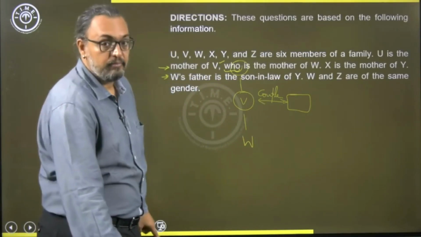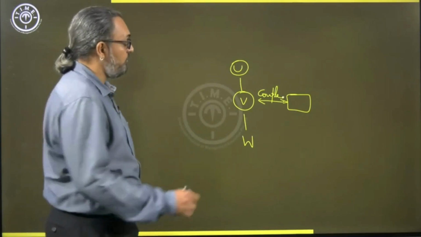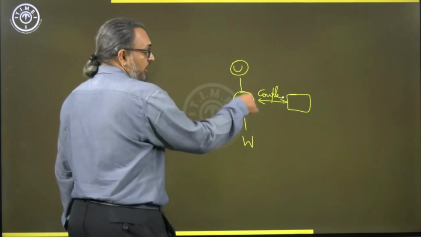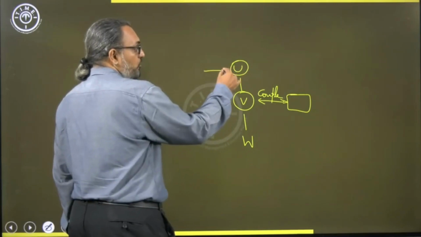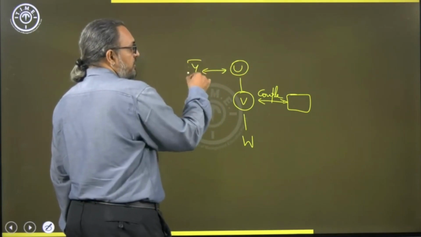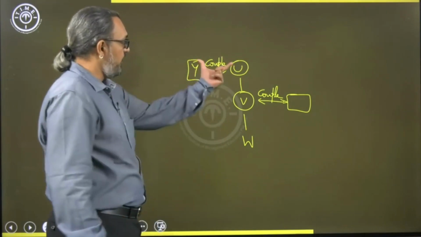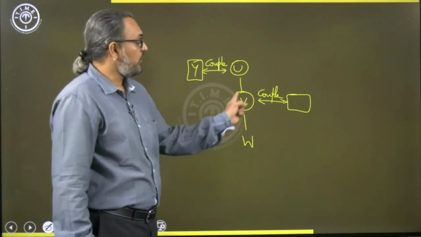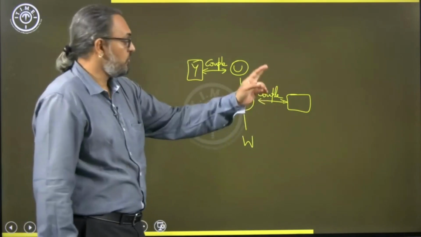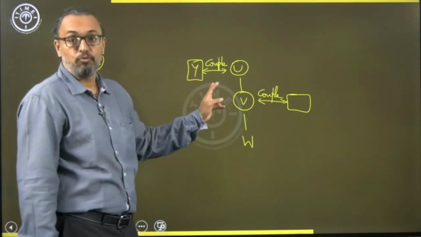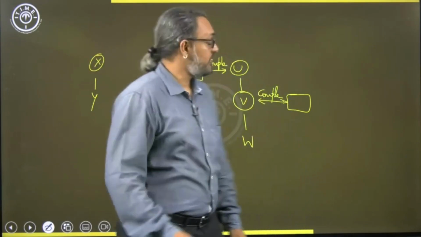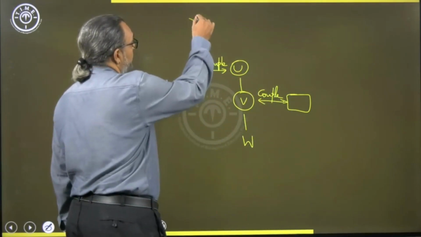Son-in-law of Y. So son-in-law to Y. That means now since V is a child of U, I will give Y as a husband of U so that they together have a daughter. Daughter's husband becomes a son-in-law. So W's father is a son-in-law to Y. And we know Y has a mother X.